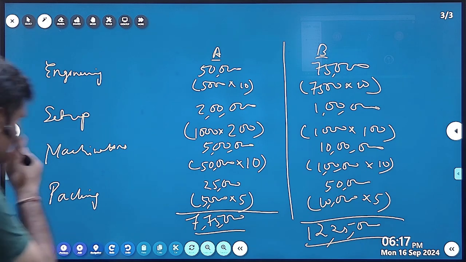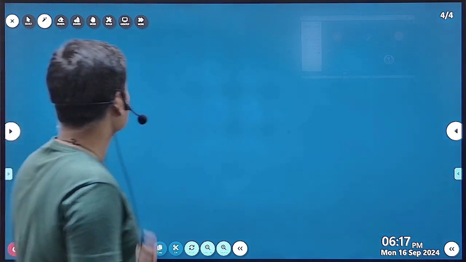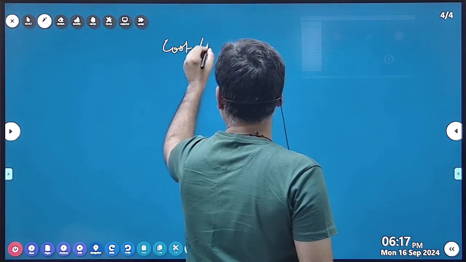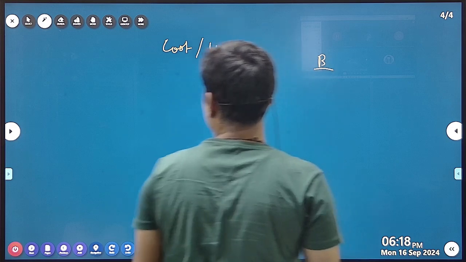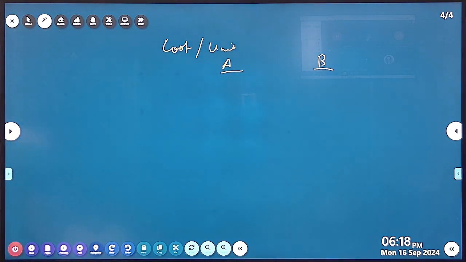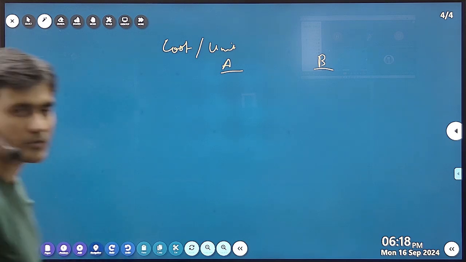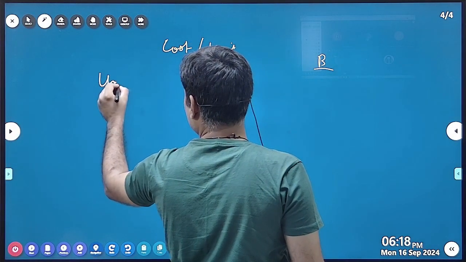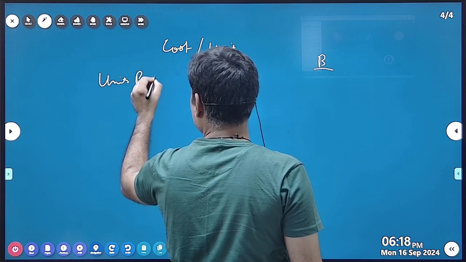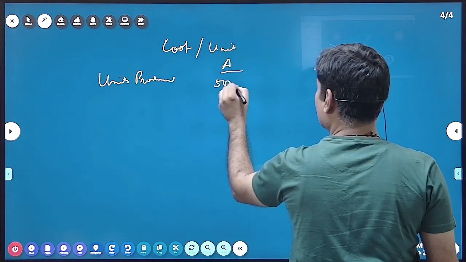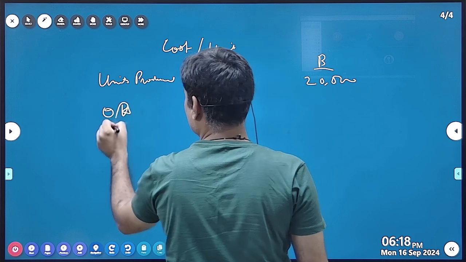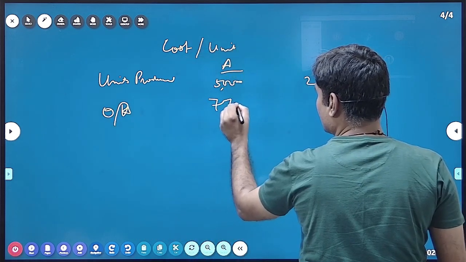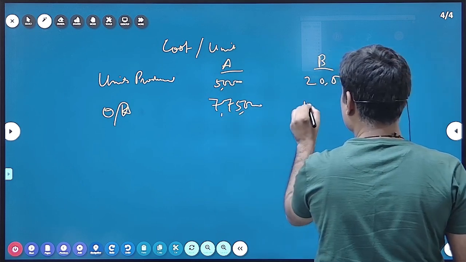right? So now cost per unit, A and B. How many units were produced? 5,000 for A, 20,000 for B. So overhead is how much? 7 lakh 75,000. 12 lakhs 25,000.